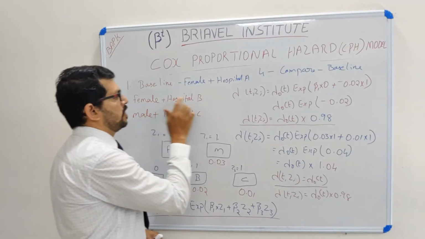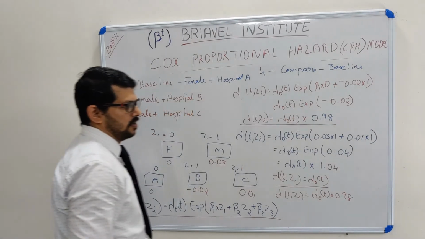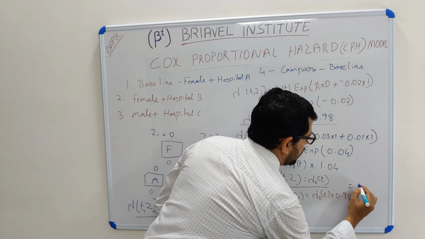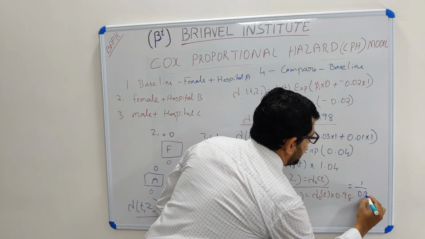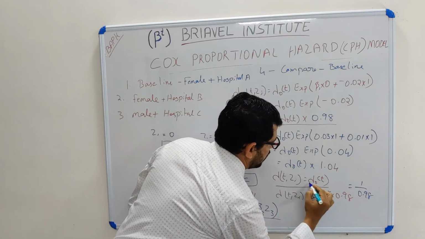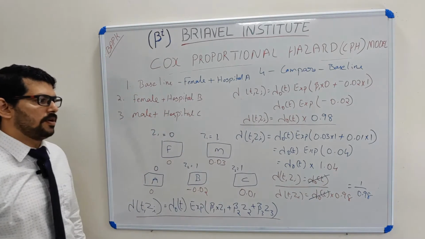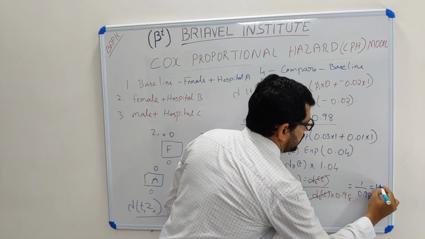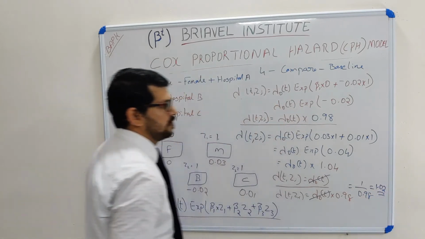I compared with female plus hospital B. So what is the value? This is equal to 1 divided by 0.98. We can remove this lambda 0 t. 1 divided by 0.98 is approximately 1.02.